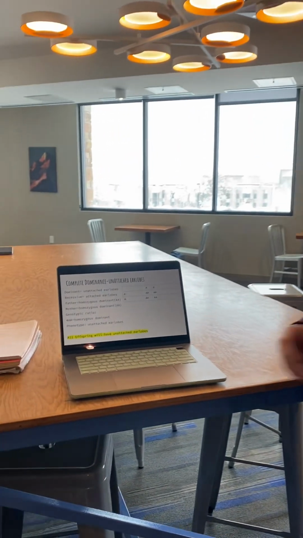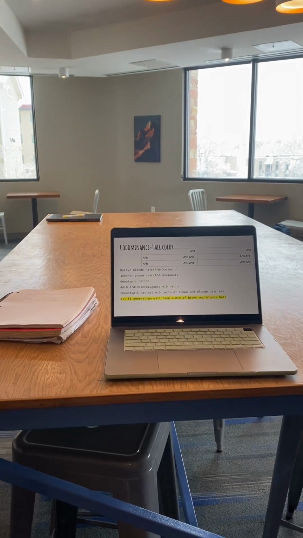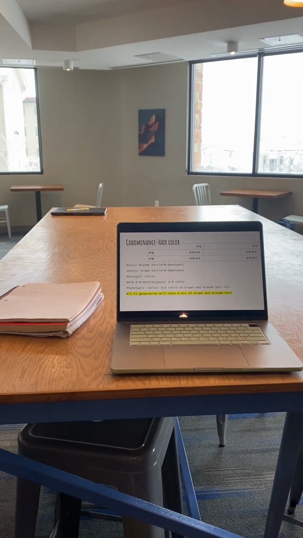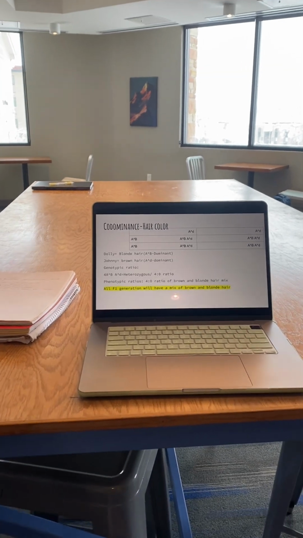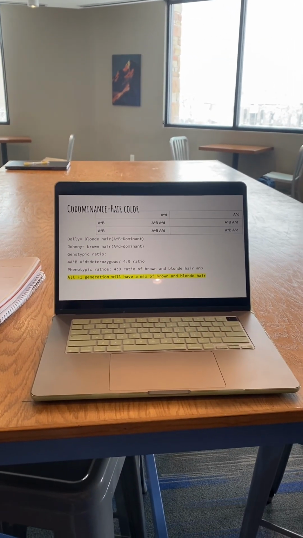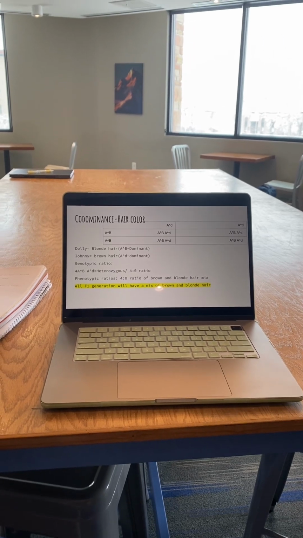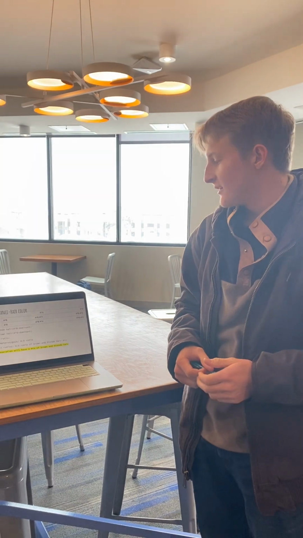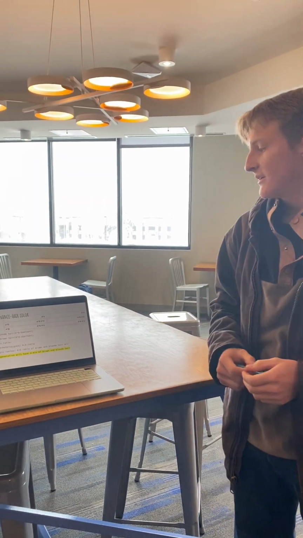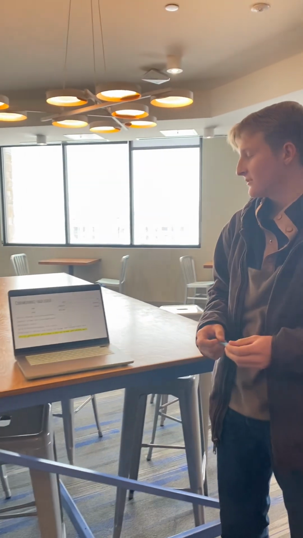And now on codominance, Dolly has blonde hair, so she's A raised to the B, and Johnny has brown hair, so he's A raised to the D. So the genotypic ratio would be 4 A raised to the B and A raised to the D, so it's heterozygous.